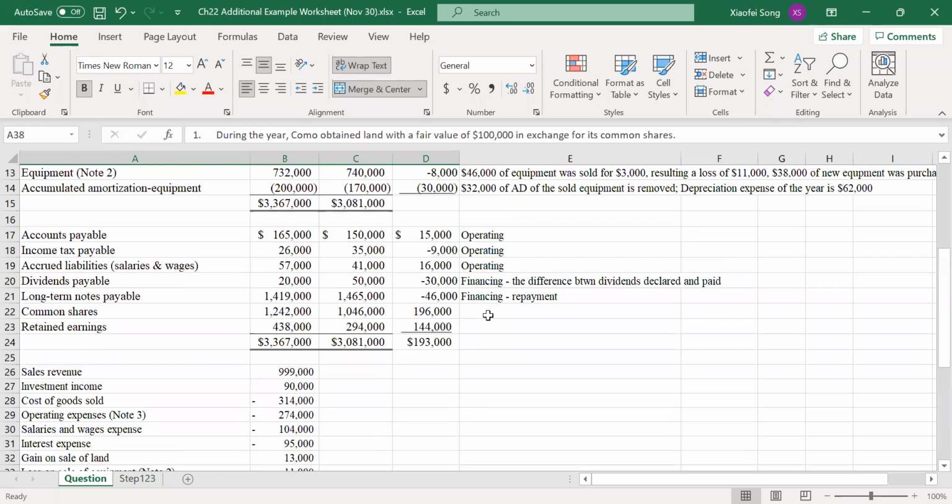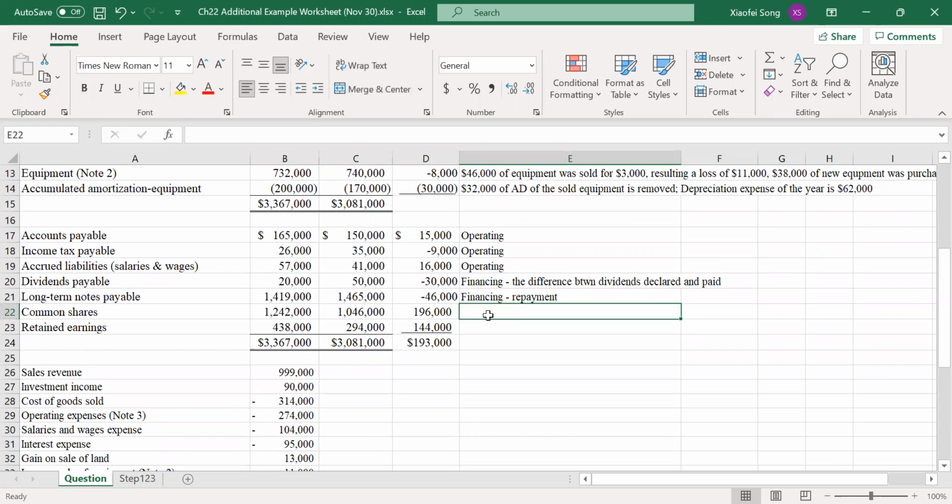So there's a 196,000 increase. That means in addition to the 100,000 shares issued in exchange for land, there are additional shares issued for cash. So this is also financing.